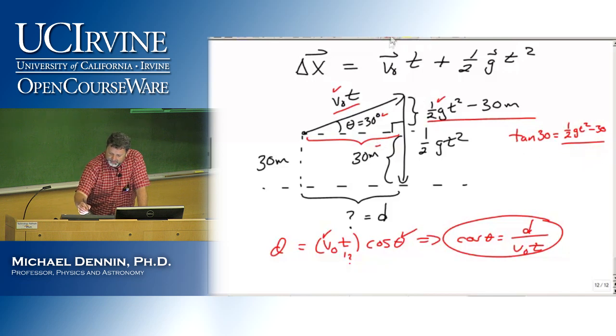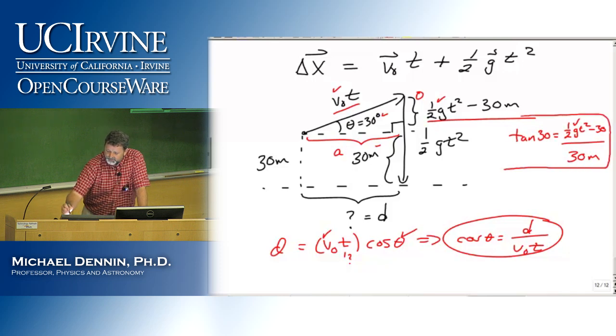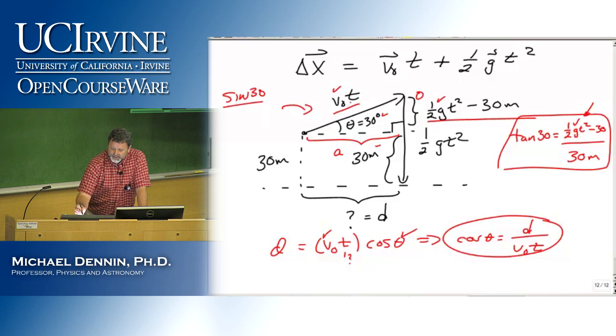Tangent is opposite over adjacent, so that's over 30. Why did I pick opposite over adjacent? Because I only have time in the numerator. If I did sine, what I started to write was sine of 30, and that has a t in the numerator and the denominator. Makes the algebra a little harder.